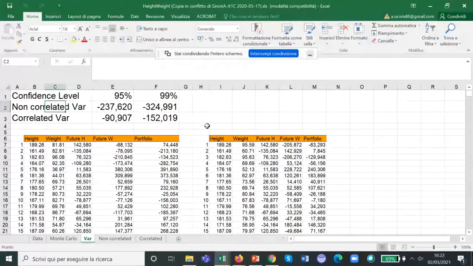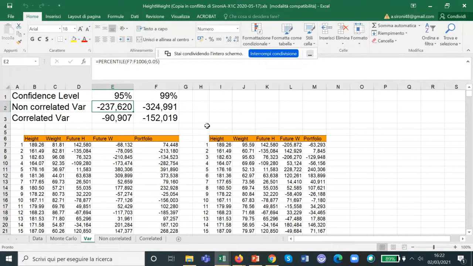Now, the first two values, 95 and 99, are not reflecting correlation. And clearly, the values of value at risk are much higher because you have a natural hedge. You are long in one variable and short in the other, and the two variables are positively correlated. Therefore, there is a natural hedge.